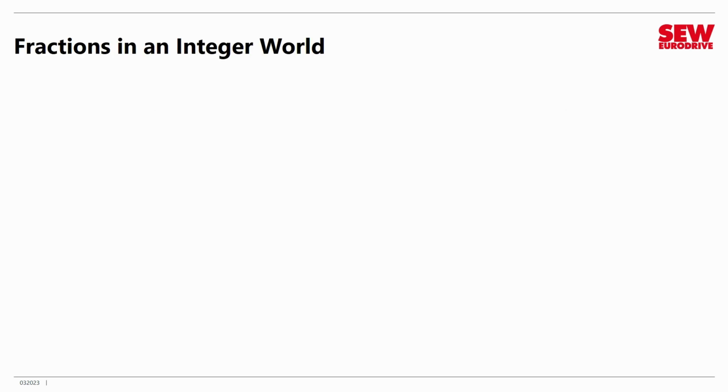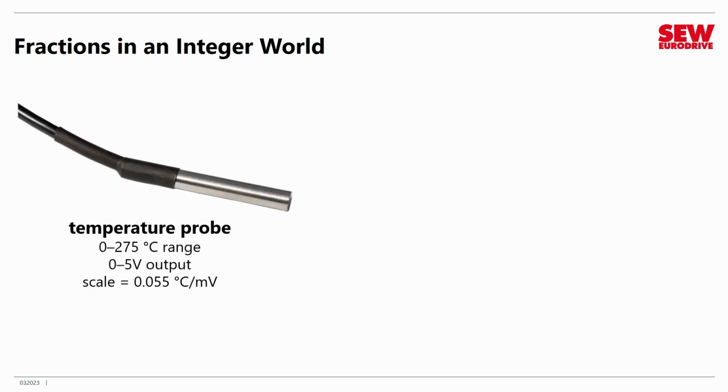All right, so let's look at one possible method, and I'm going to use something as an illustration to work our way into this. Say we're trying to connect a temperature probe to our Movi Drive B. This particular temperature probe has a temperature range from 0 to 275 degrees C. It outputs between 0 and 5 volts across that range.